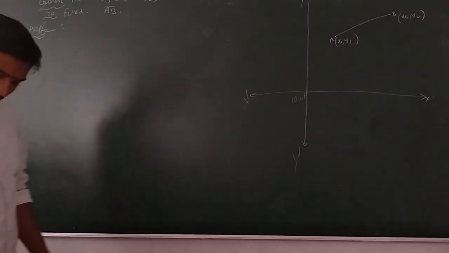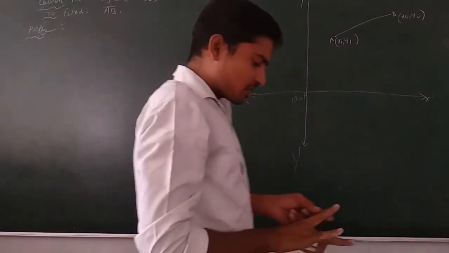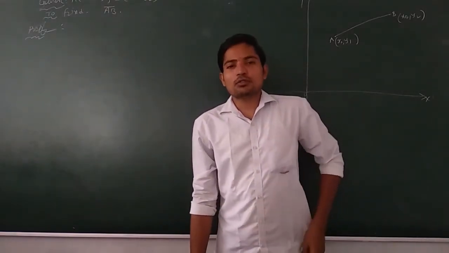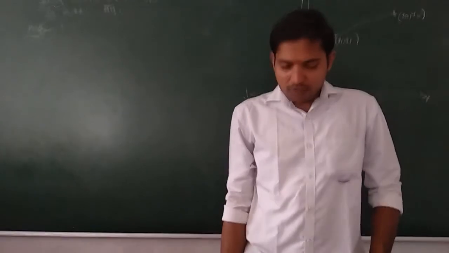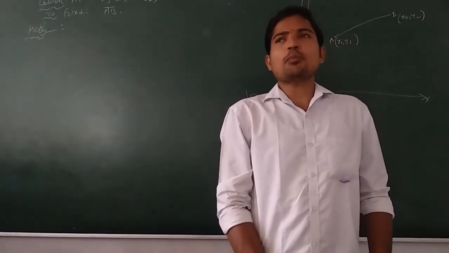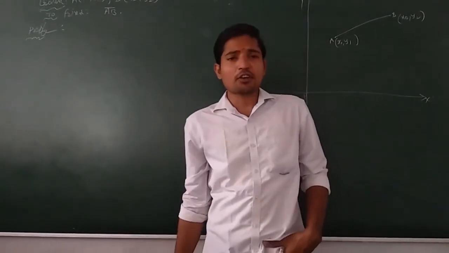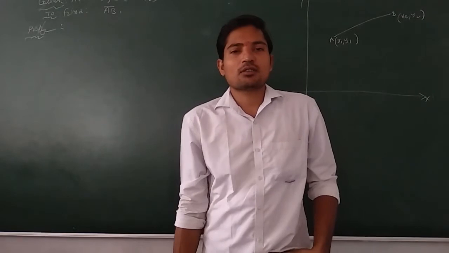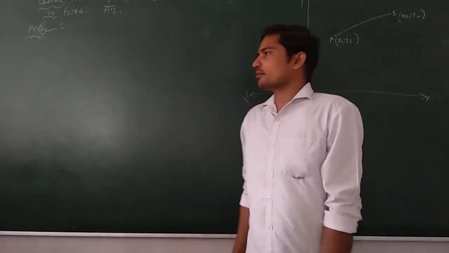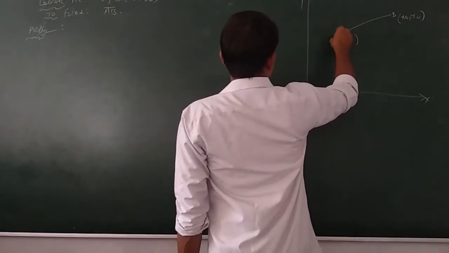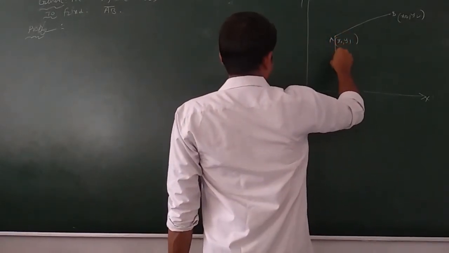See, to find the distance between 2 points, we should find the point from the y-axis how many units distance and from the x-axis how many units distance. Right? Let us see. Here, drop a perpendicular.